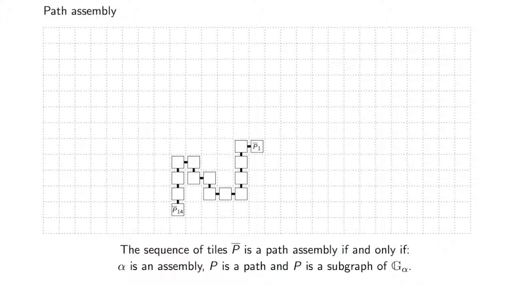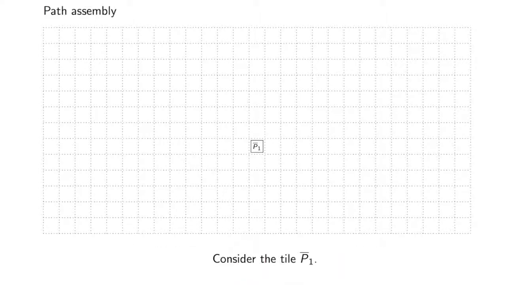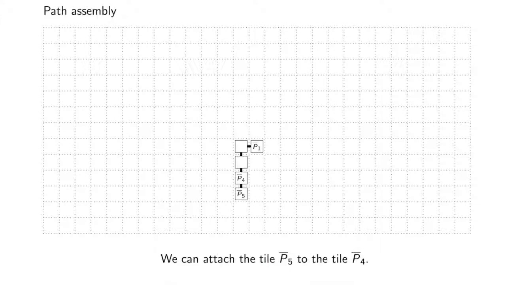Path assemblies have the following advantage on assemblies. Consider only the tile P1. This single tile is an assembly. Since P1 and P2 interact on their common side, the tile P2 can be attached to the tile P1 to obtain a new assembly. Now, the tile P3 can be attached to the tile P2. The tile P4 can be attached to the tile P3.